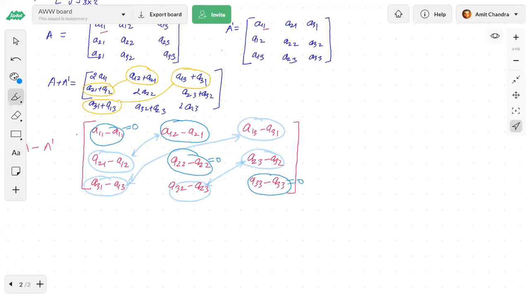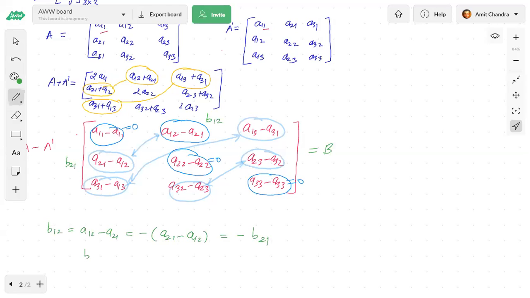If I write this matrix as B, then this is B11, this is B12, and this will become B21. B12 is equal to A12 minus A21, which is equal to minus of A21 minus A12, and this is nothing but minus of B21.